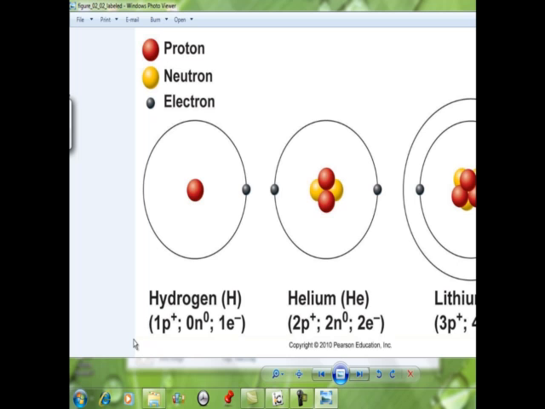Look on the periodic table. Go find sodium. How many grams of sodium would I need in 1 liter of water to make a 1 molar solution of sodium? I'd need 22.99. Yes? Okay, everybody understand that?